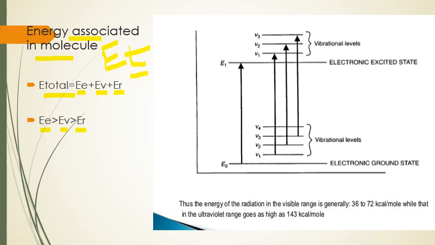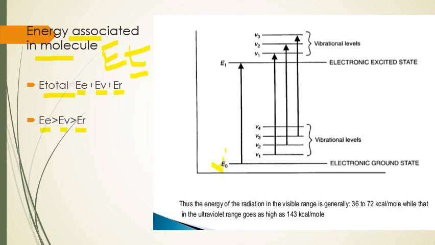So here are the energy levels you can understand. We have the ground energy level, that is E0, the electronic ground state.